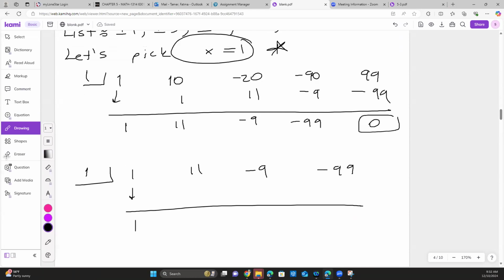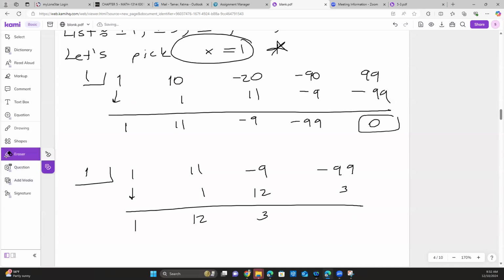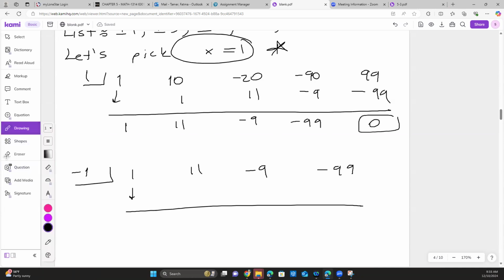Bring down the 1, multiply, add, multiply, add, and multiply and add. It didn't work. I was thinking about the option that 1 might have a multiplicity of 2, but let's try negative 1 this time.